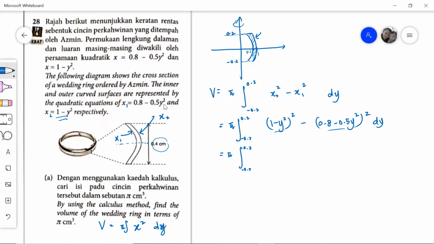We will have 1 minus 2y squared plus y to the power of 4, and then minus 0.8 squared, that will be 0.64, and then minus 2 times 0.5 times 0.8, so we have 0.8 y squared, then plus 0.5 squared, 0.25 y to the power of 4.